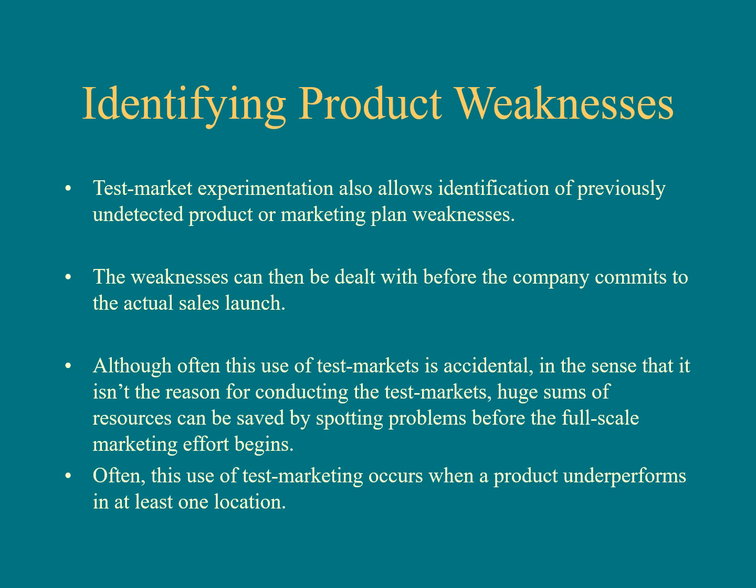Huge sums of resources can be saved by spotting problems before the full-scale marketing effort begins. Often this use of test marketing occurs when a product underperforms in at least one location.